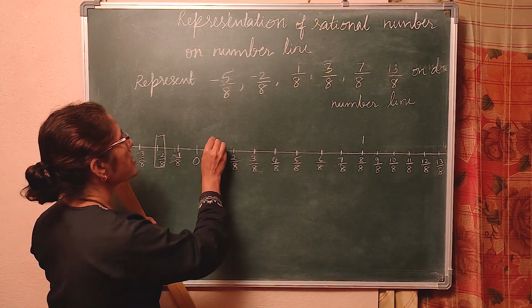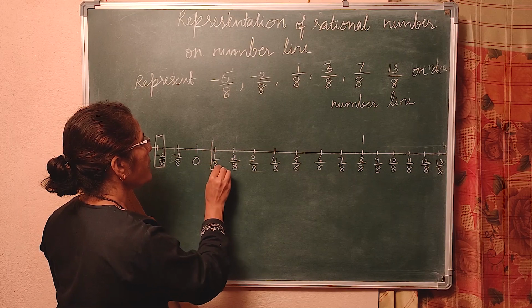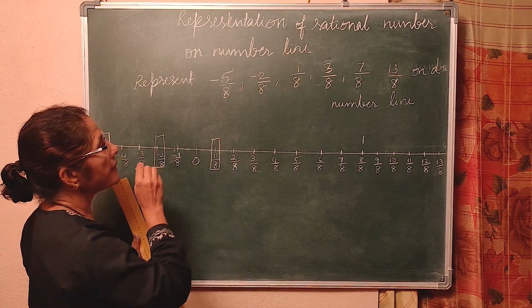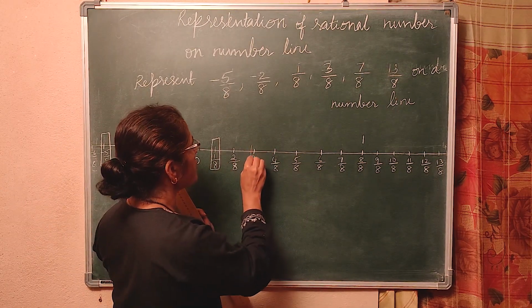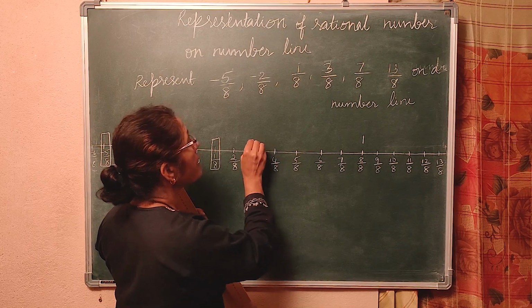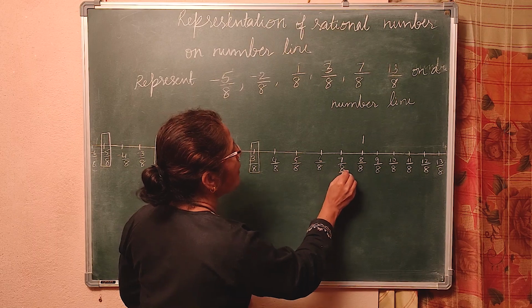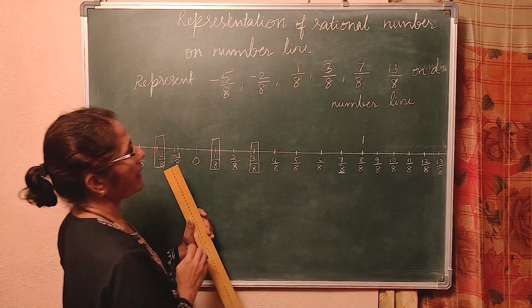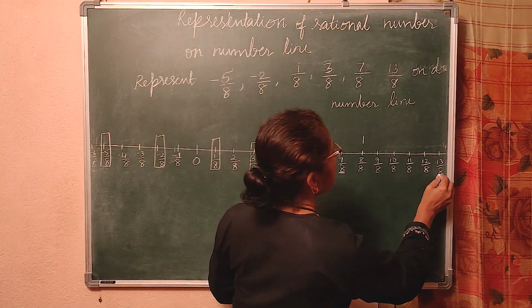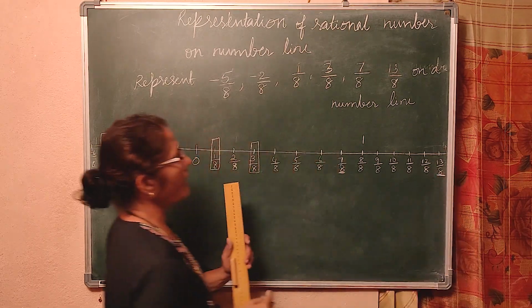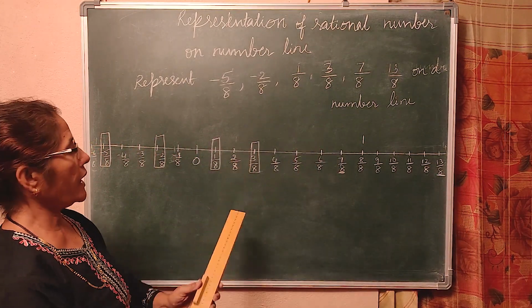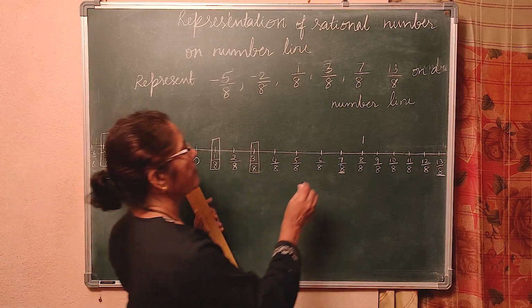Next, 1 by 8. See, 1 by 8. Next, 3 by 8. Next, see, 7 by 8. You can underline also, no problem. 7 by 8, 13 by 8. If you underline, you will underline everything. If you mark like this, you mark everything.